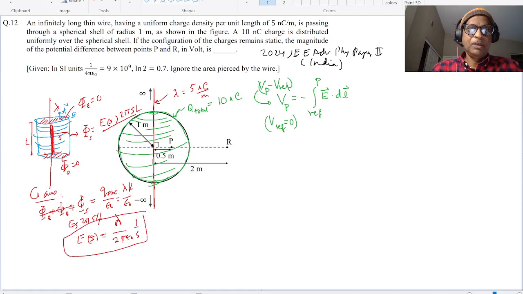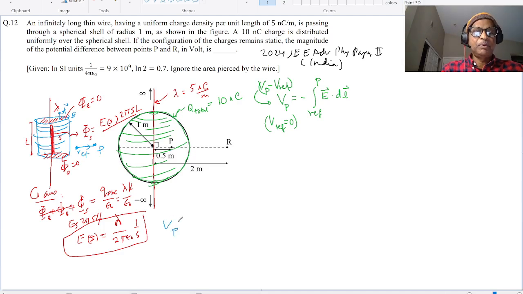So if I wanted to get the potential from the charge on the wire at a point P, I will pick a reference and integrate.